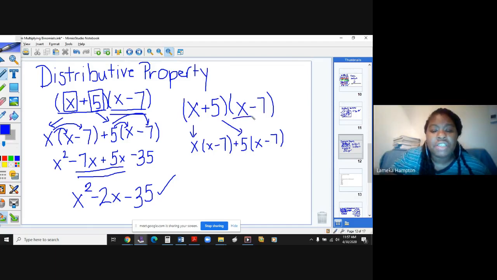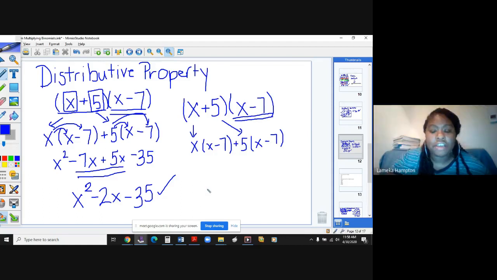So do you notice that all I did was this x - 7, I just rewrote it. What I did was I broke down this first binomial. So now I have a monomial here being multiplied by the second binomial, which is x - 7.